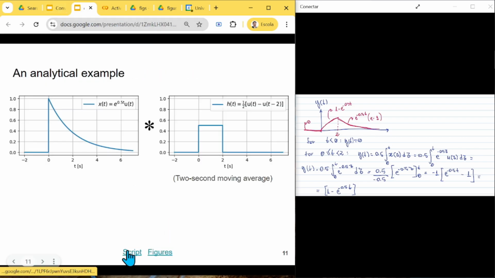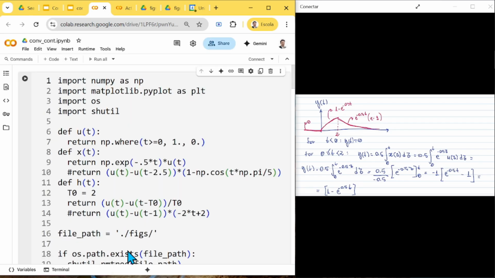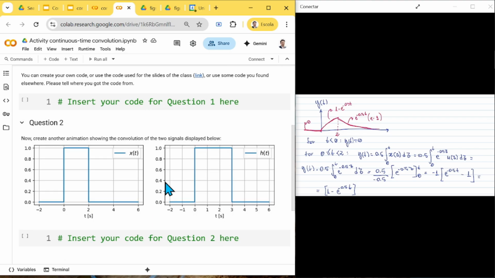So script. If you choose to use my code, it's just a matter of defining x of t and h of t in the form of functions here, and everything should work perfectly fine. And then you will do the same again, but this time the duration of the rectangles is different.